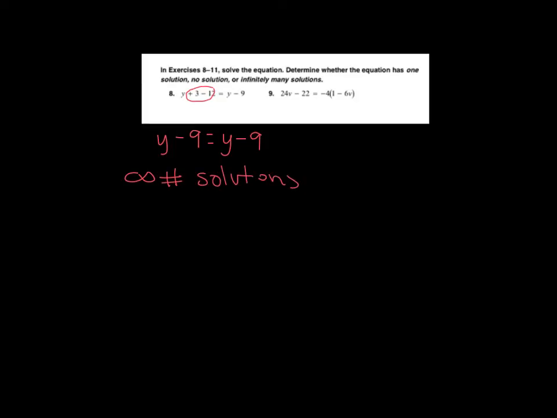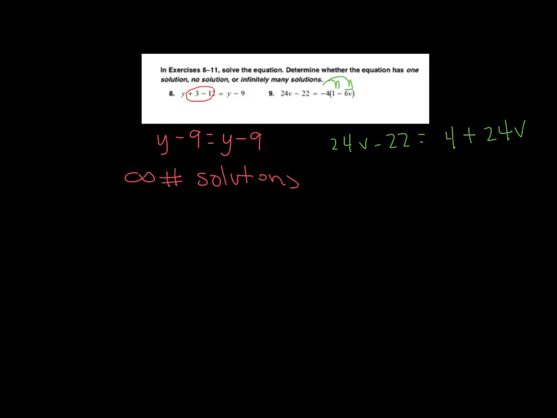Okay? Alright, so here, to start solving, we're going to need to distribute, and we're going to get 24v minus 22 equals negative 4 plus 24v. From this point you want to move all your variables to one side and all your numbers to the other.